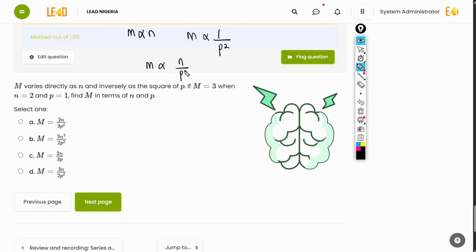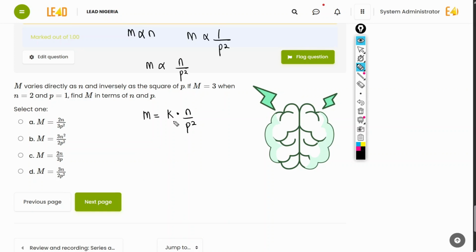N over p squared. So the direct variation goes on to be your numerator, and the inverse variation goes in as your what? Denominator. And I can go on to introduce a constant to say m is equal to k times n over p squared.